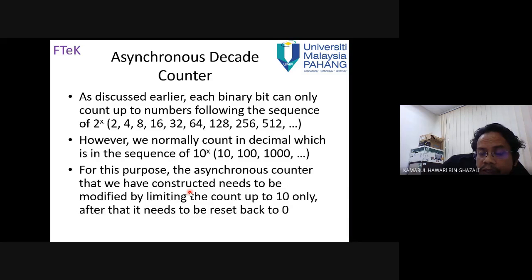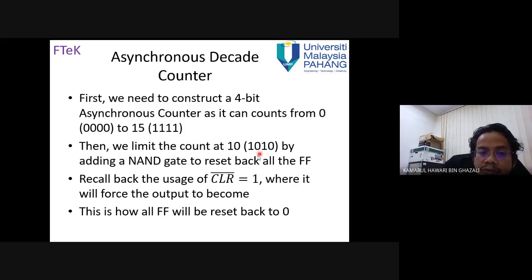So kalau kita nak count nombor, for example, if you use 3 flip-flop, 2 to power of 3, kan? 2 to power of 3 is 8. So dia count 0 to 7. Tapi counter kita tu, we want to count only 0 to 5. Dah tak boleh, kan? That's why we need to have a NAND gate ni, so that we can limit the count.